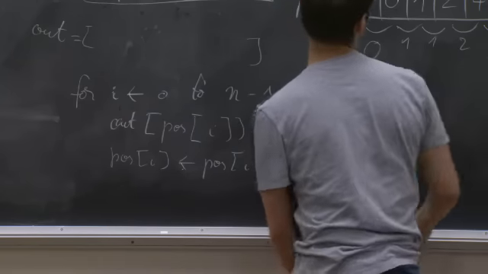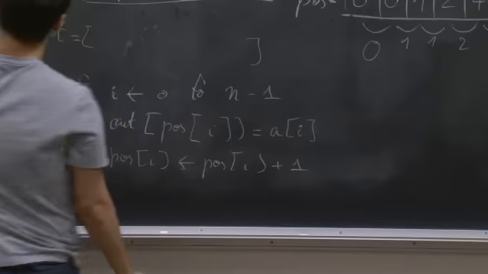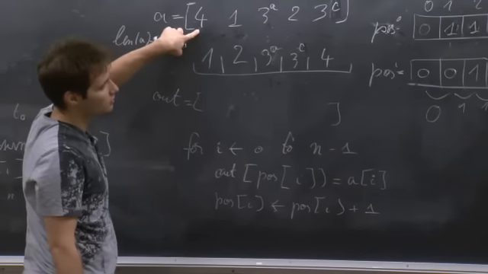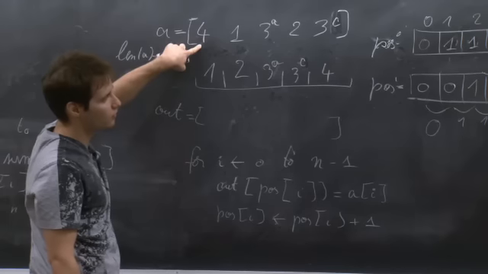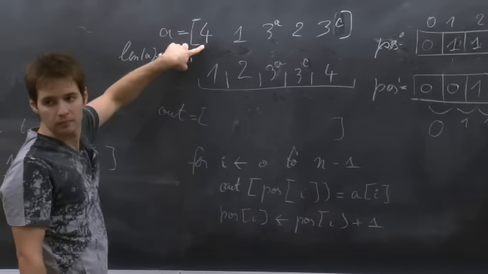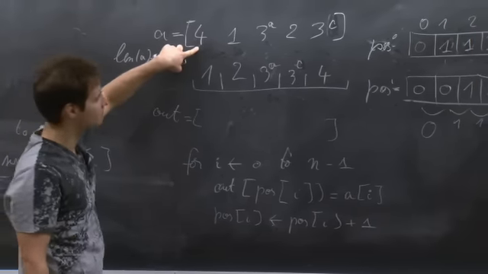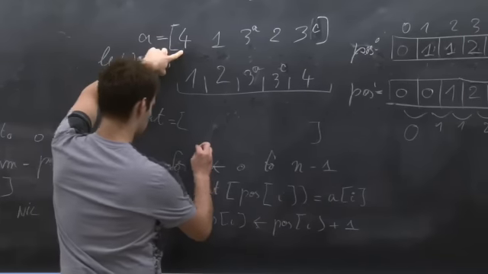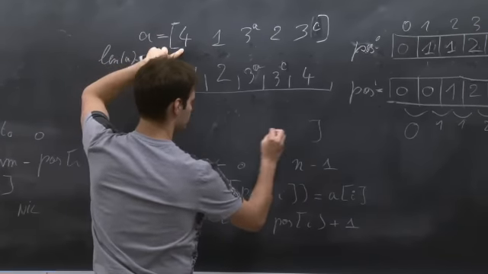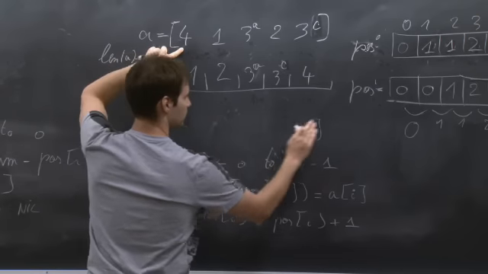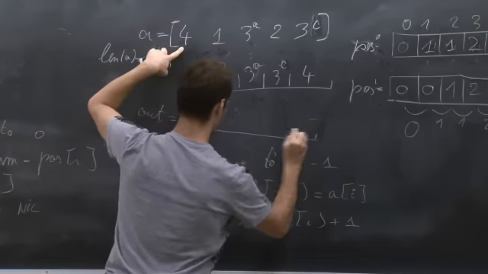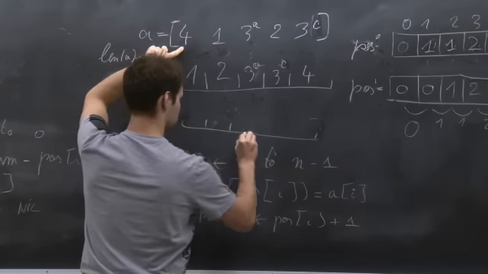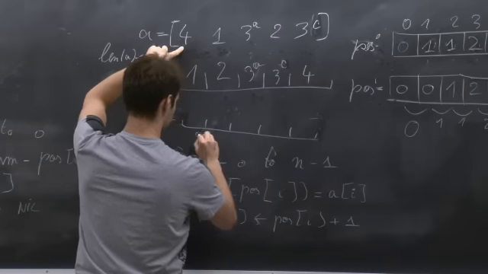So how would this work? I have this array here. I start at 4. What's pos of 4? 4. All right, so I'm going to write this at position 4. I should probably make this a proper array: 1, 2, 3, 4, 5.